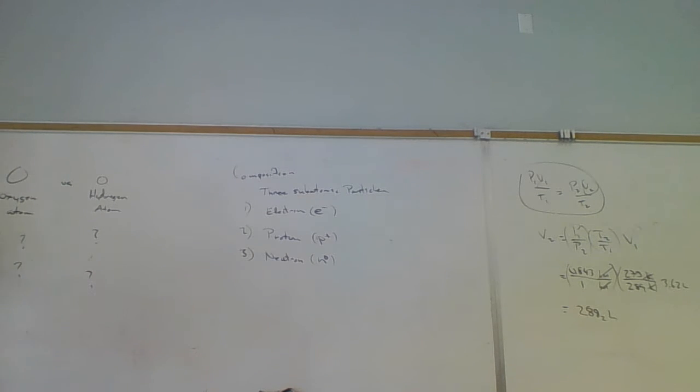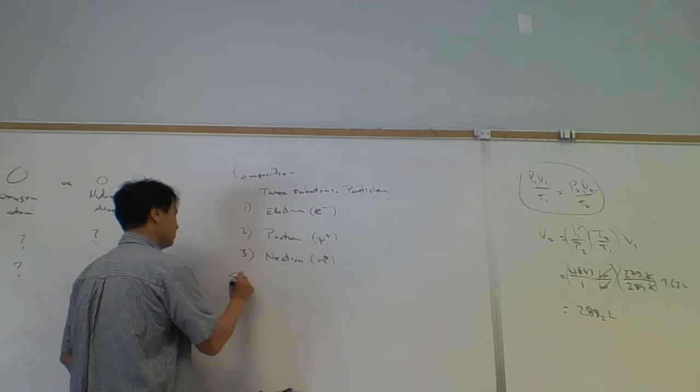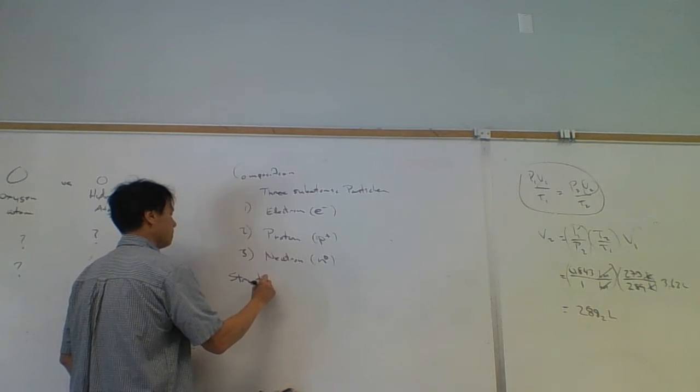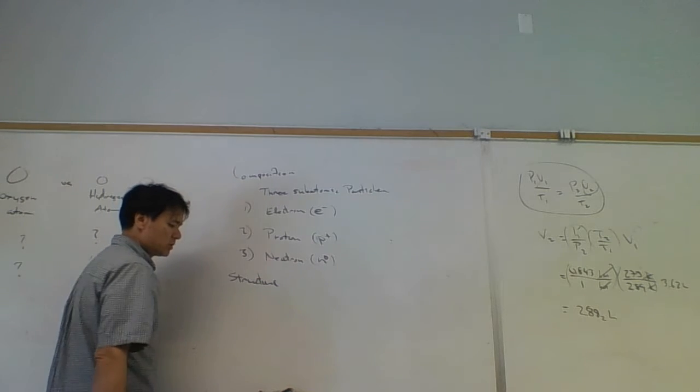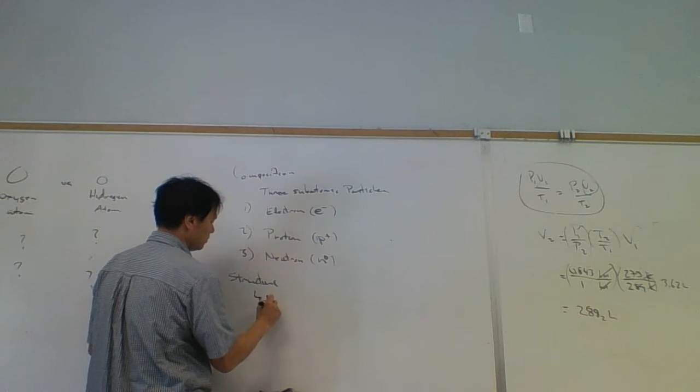So the first thing is we look, what is the compositional difference between oxygen and hydrogen? And then what's the compositional difference between heavier oxygen and lighter oxygen? And then what we look at is the structure. When we look at the structure of the atom, we have something called the nuclear atom model.